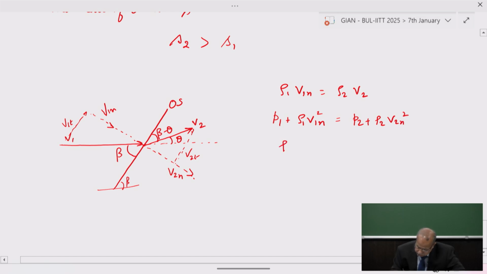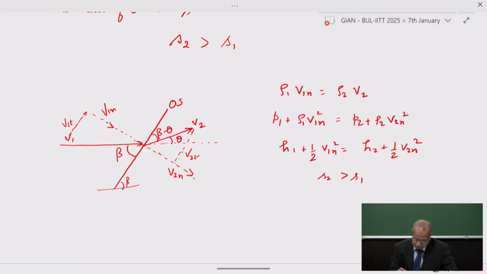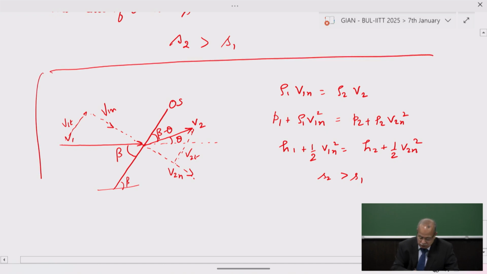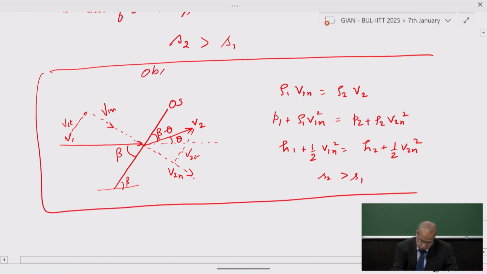And then the energy equation h1 plus half v1n square is equal to h2 plus half v2n square, and S2 is greater than S1. These are the governing equations which we deduced for an oblique shock.